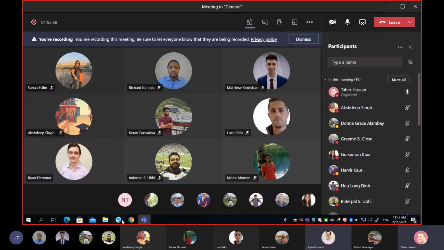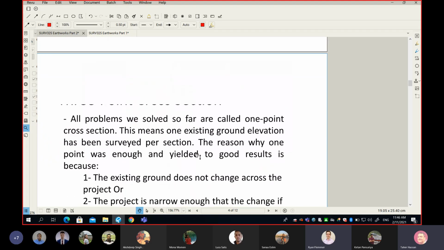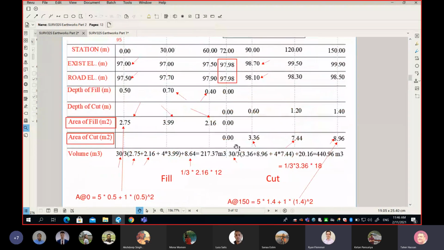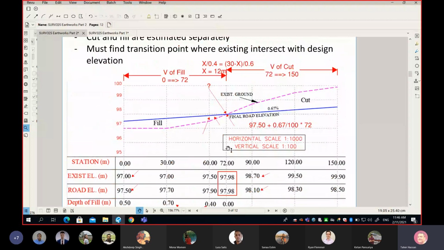Yeah, you would just give us the 5 initial points, like the road length, the road width, the starting elevation, the slope percentage. Yes, you will be given exactly what you've seen here in this example, and your job will be to create the profile and then build the table.